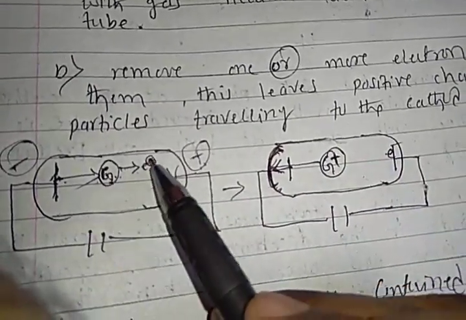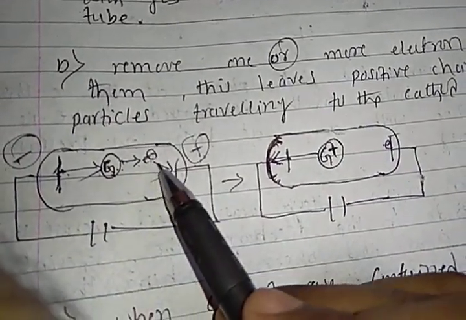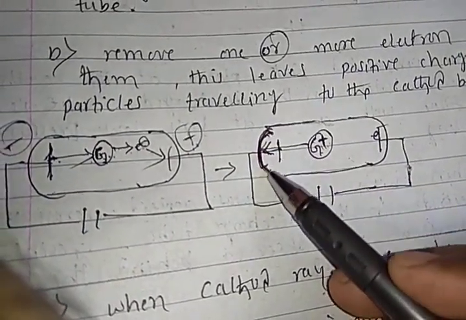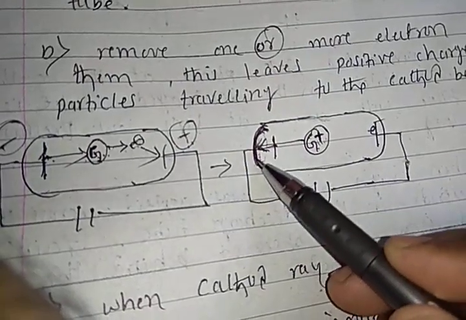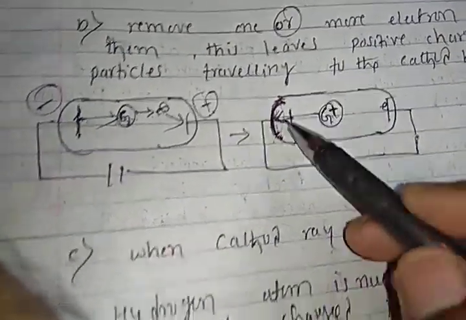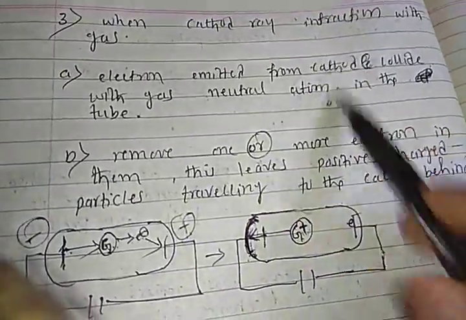After removing the negative charge electrons, what is left here? Some positive charge. That positive charge strikes and hits the metal behind the cathode plate. This is the meaning of this definition, right?